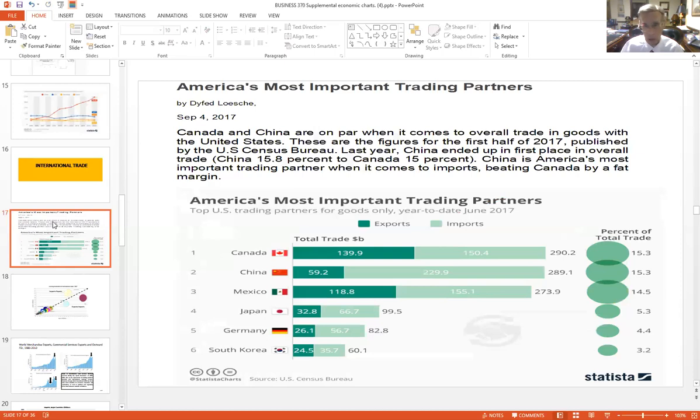Good for the domestic steel industries, not so good for you and me when we have to go to the showroom and pay the price that offsets that higher cost of steel. So there are gives and gets to trade balances. In any event, you can see that Mexico also has a substantial amount of trade with the U.S. Canada and Mexico, our neighbors, make a great deal of business with the United States in terms of importing and exporting.